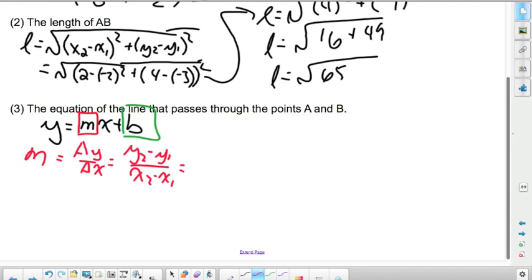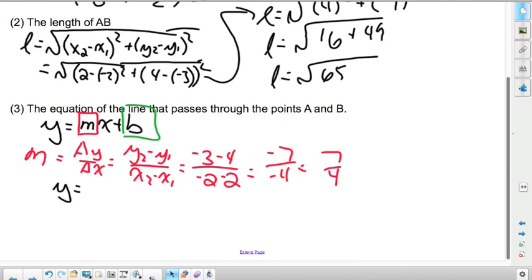And I'll choose this one to be x1, y1. So y2 is -3 minus 4. And then -2 minus 2. So -3 minus 4 gives me -7 over -4, which is the same as 7 over 4. Okay? So here we have our slope at least.